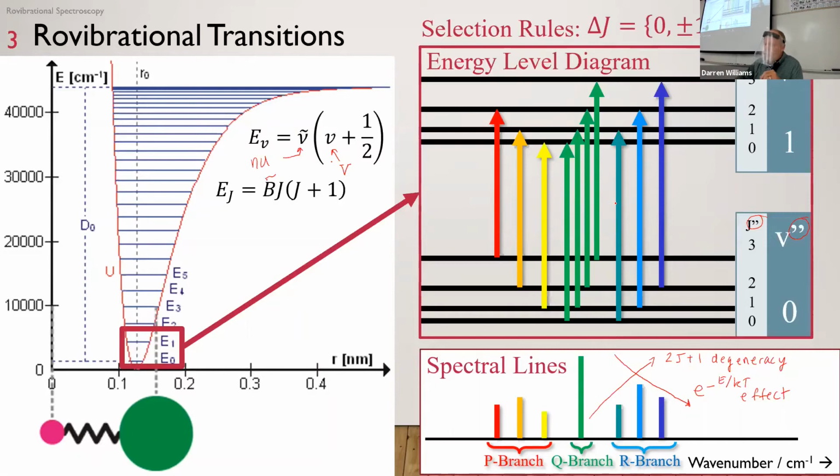Okay. One other thing too is we label these individual lines, like in this particular case, the yellow one. We label that with the lower state quantum number in rotation. So this is going to be the P1. And the orange one is going to be the P2. And the red one is going to be the P3.